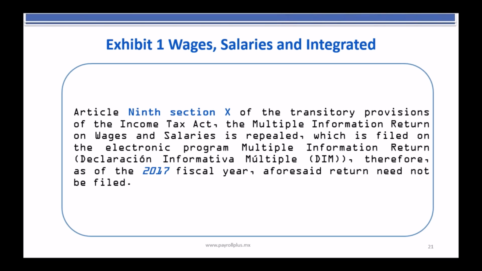So this coming return in February 2017 is the last one that we're going to be filing for wages and salaries. Starting January 1st, 2017, all the information that the authority wants regarding salaries or wages is going to be received through the CFDI.